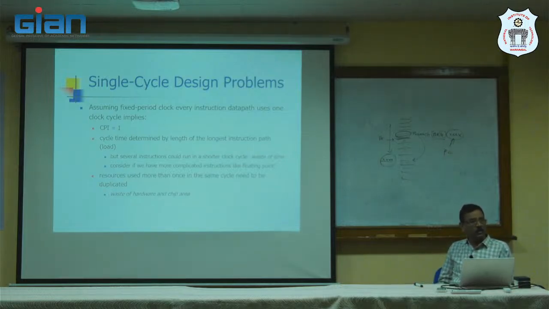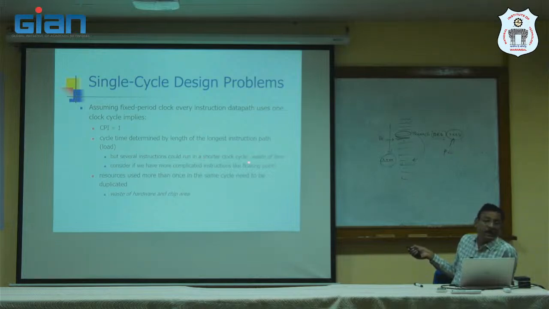Other instructions like R format instructions may take less time for execution, but because of this load word instruction constraint, all instructions have to follow that clock cycle period. Several instructions could run in a shorter clock cycle, so it is a waste of time.